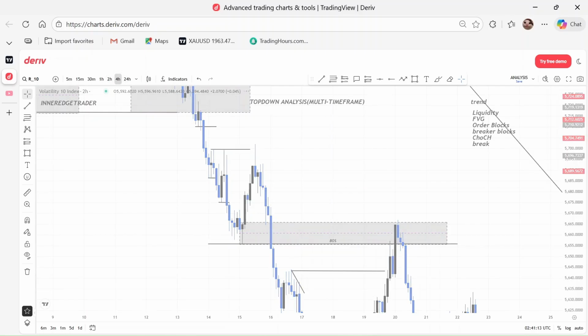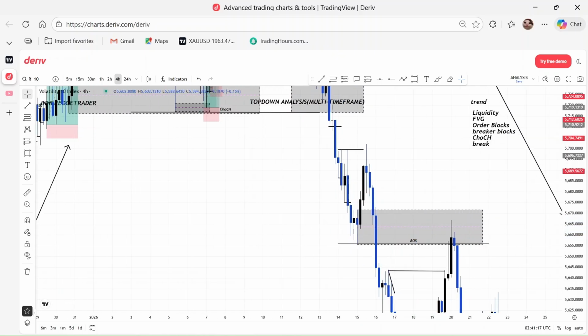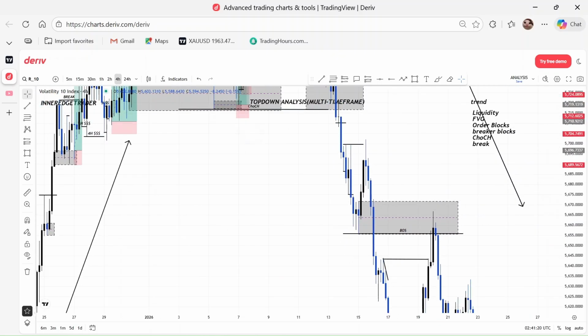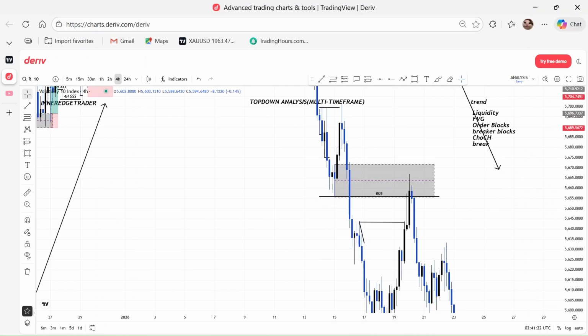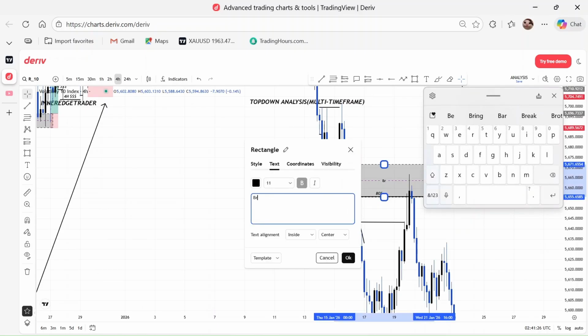I might enter in 2 hours. I'm going to enter 4 hours, sorry. For that block zone. And the validity of that block zone failed. So that makes it a breaker block.